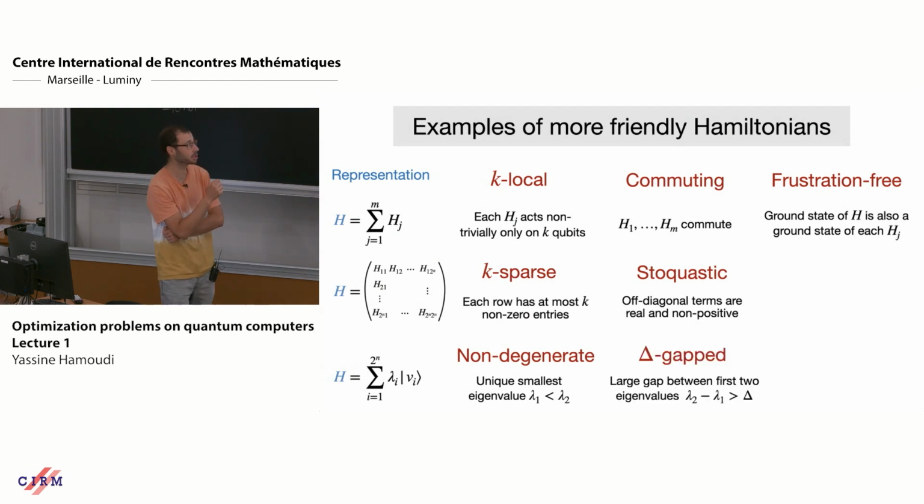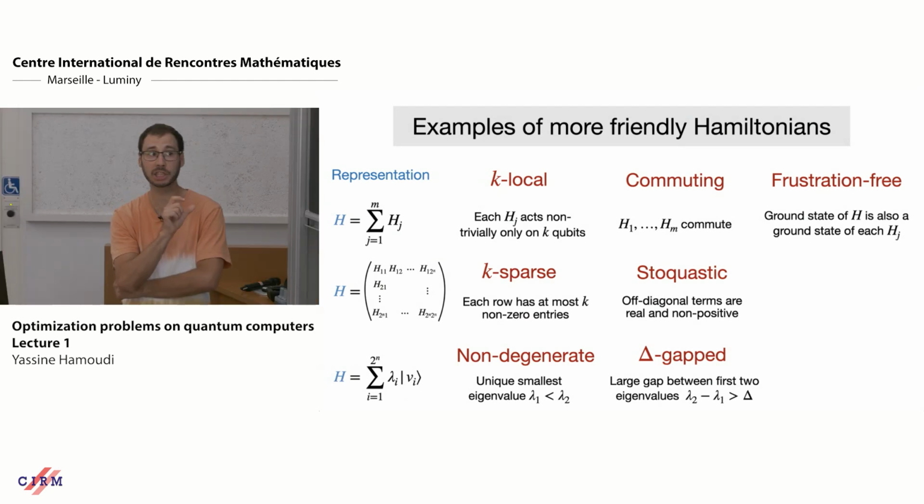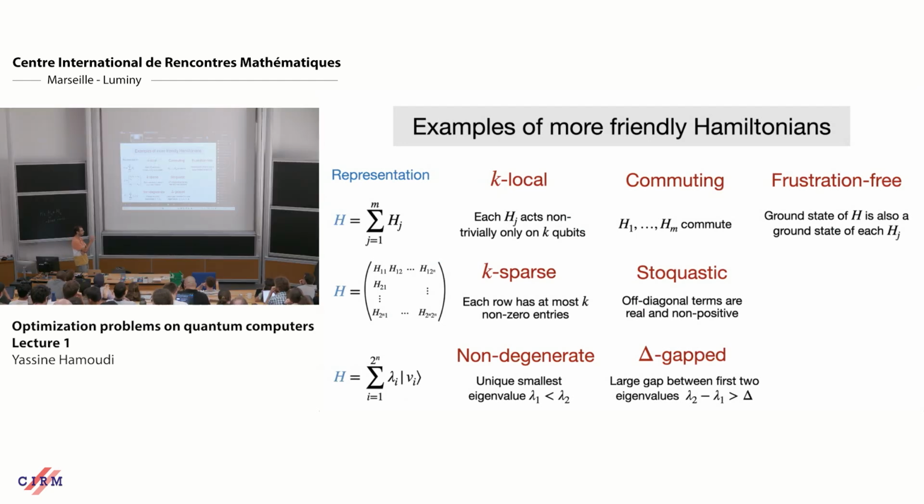Okay, and last assumption is something even stronger, which is that actually there is a large gap between the smallest and the second smallest eigenvalue. Okay, so on that assumption, the gapped assumption is also extremely important, and we'll use it for the algorithm that we'll see in a moment.